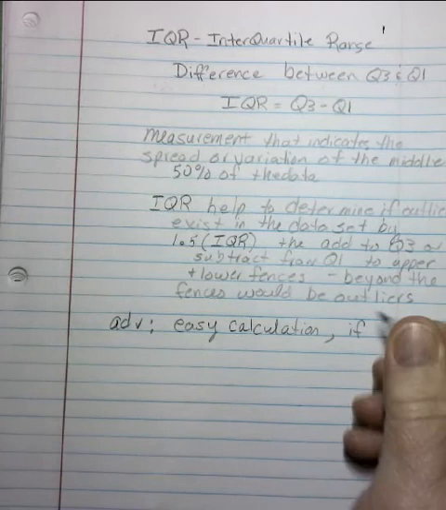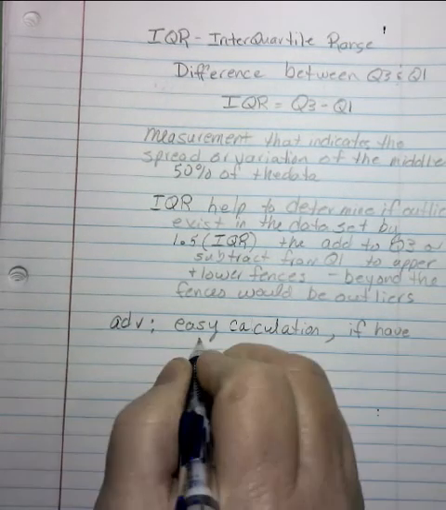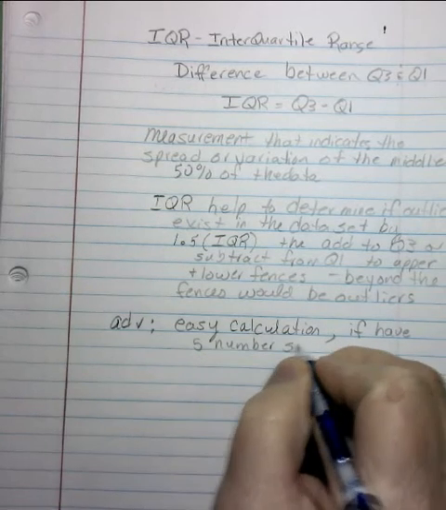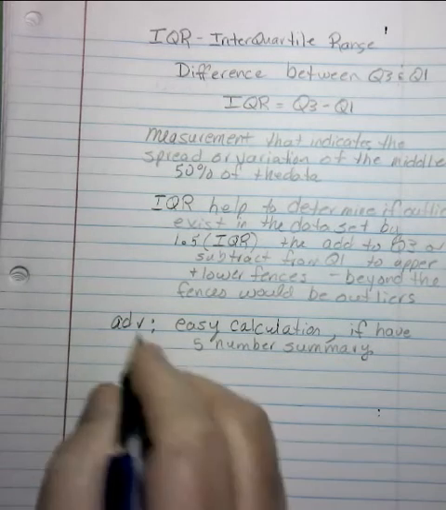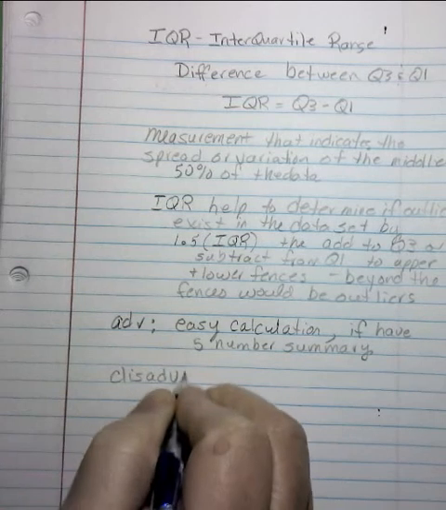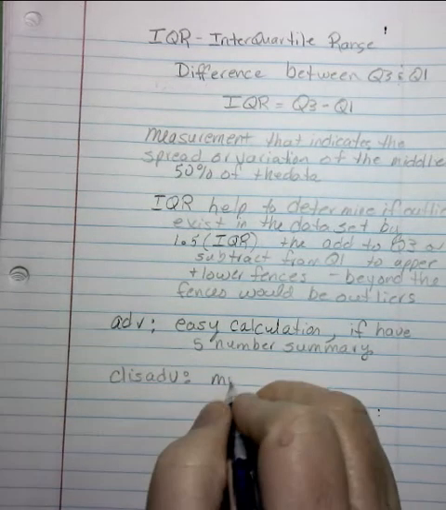But it would be easy if you already have your 5-number summary. A disadvantage of this particular measurement is that it only deals with your middle data set.